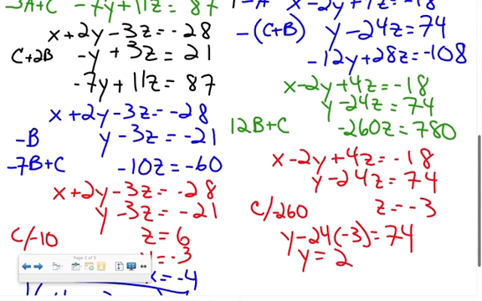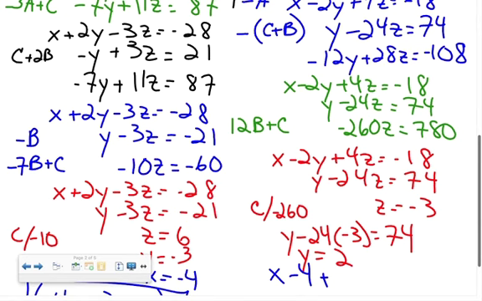And then x minus 2 times y, which is 4, plus 4 times z.